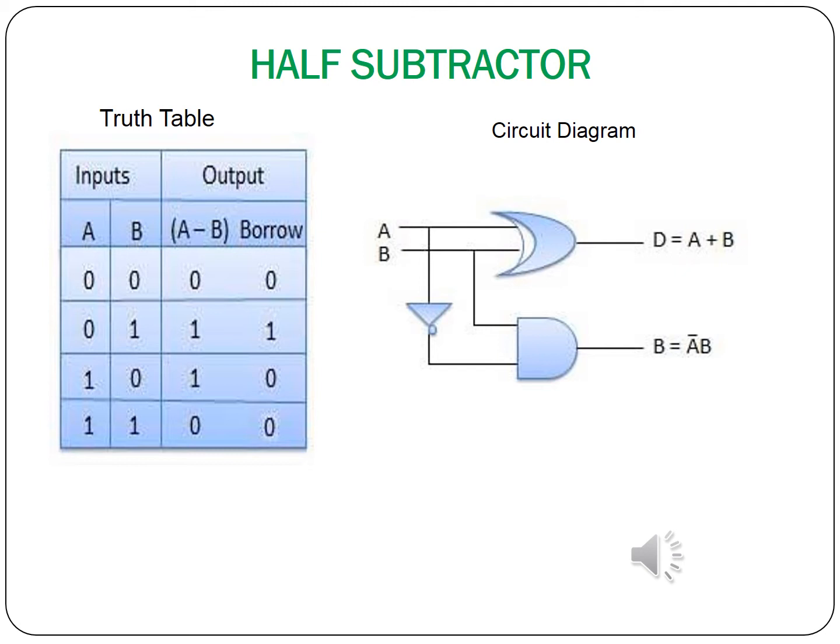For 0 minus 0, the difference is 0 and there is no borrow, so the borrow bit is also 0. So the input combination 0 0 produces 0 0 output: the first is the difference and the second is the borrow.